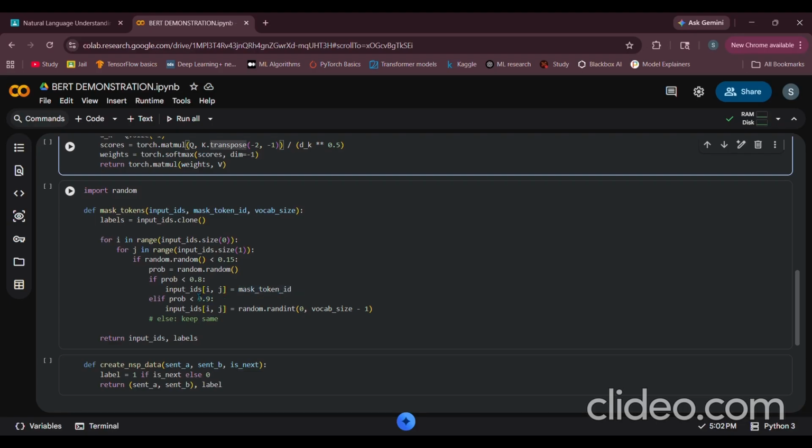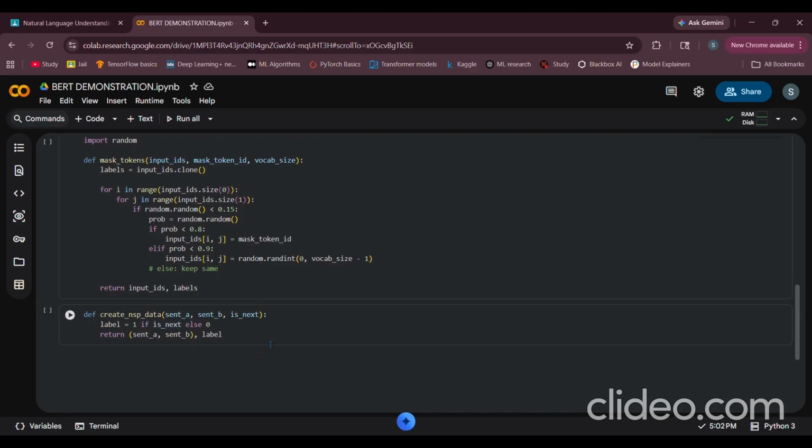Among the other 20%, a random other token is used to replace that token, or else the token stays unchanged. So this is the task of masked language modeling.